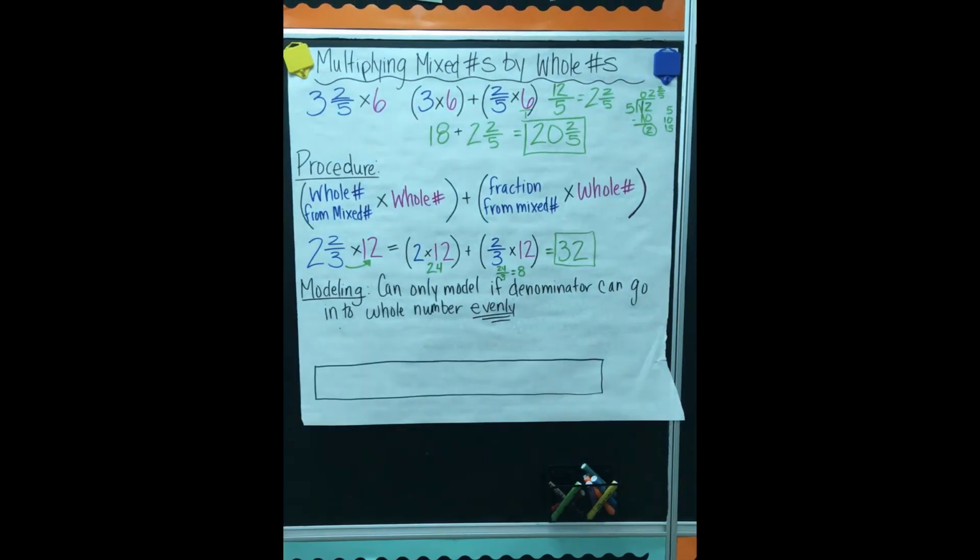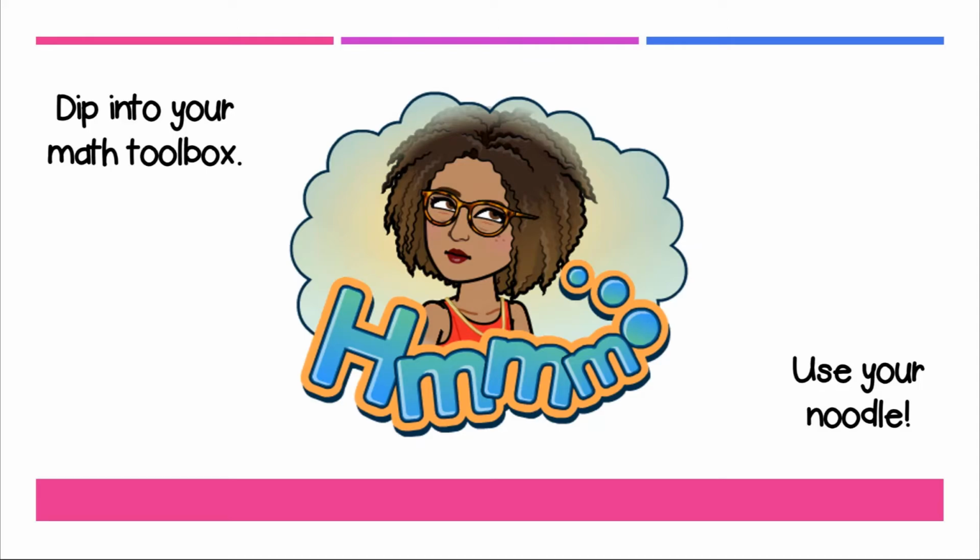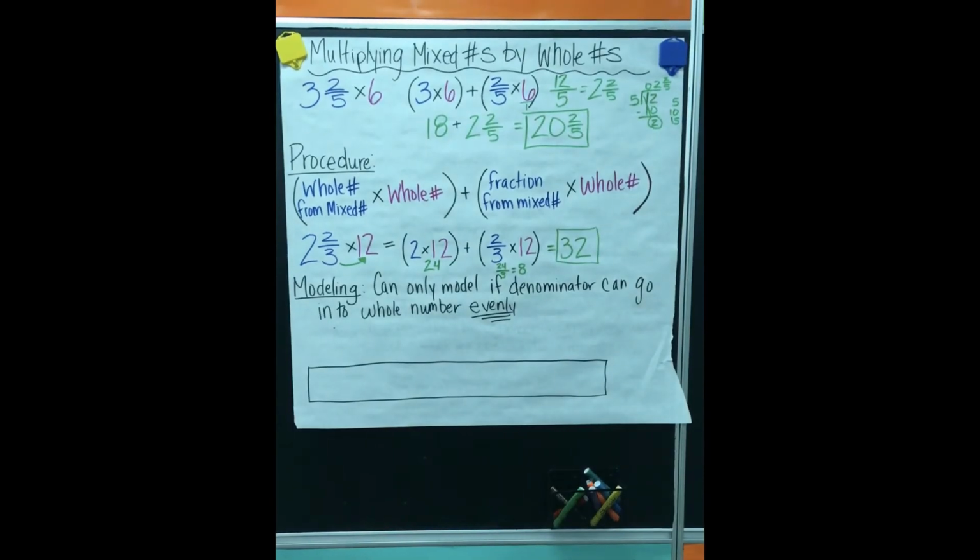So now I want us to think, how is this going to be different than when we multiply a fraction by a whole number? Take a moment and think about that. How is our model going to be different? We talked about this earlier in the year, and I've been racking my mind all day, and I cannot remember exactly what concept it was.